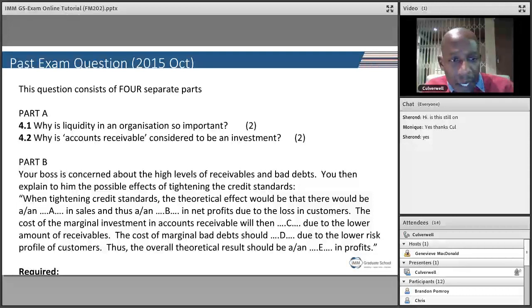I've got a typical learning unit 4 question here, which I took from the October 2015 exam. I'll quickly read. It says this question consists of 4 separate parts. Part A. Question 4.1 says, why is liquidity in an organization so important?